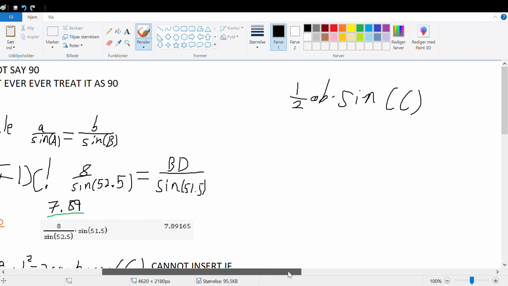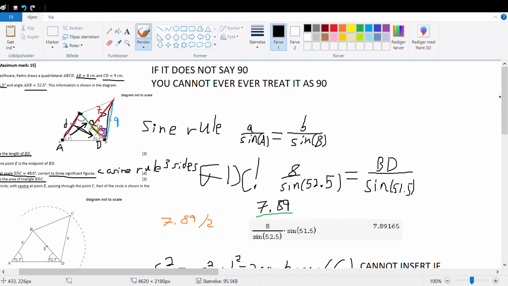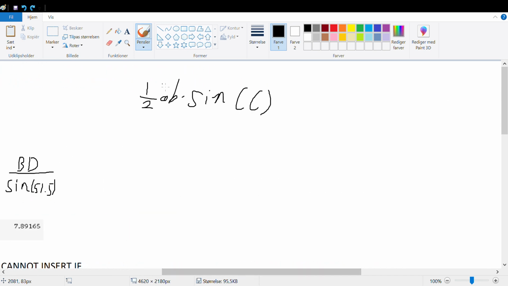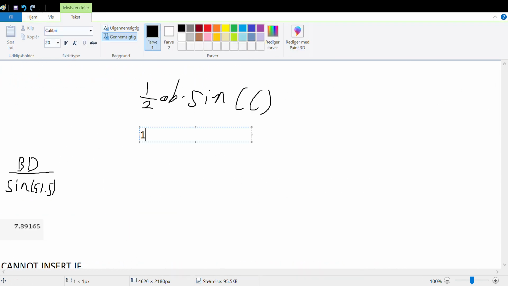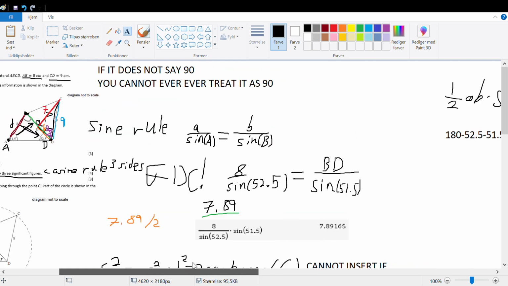This formula is the one we're going to use. We're going to treat 8 and we're going to treat our 7.89 as our sides, and then we're going to treat this angle here as C. So in order to do all of that, we're going to have to firstly find C. That's going to be equal to 180 minus 52.5 minus 51.5, because I think those were the sides, wasn't it? Yes, those were the angles.